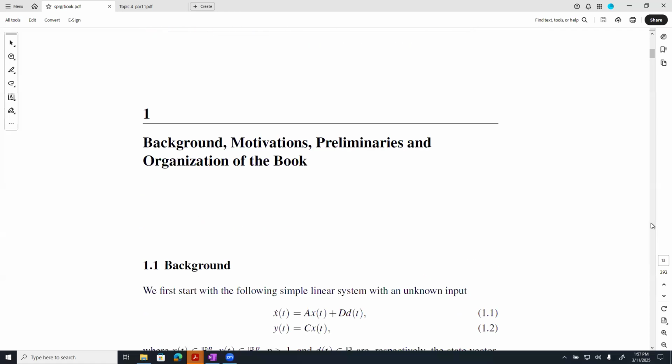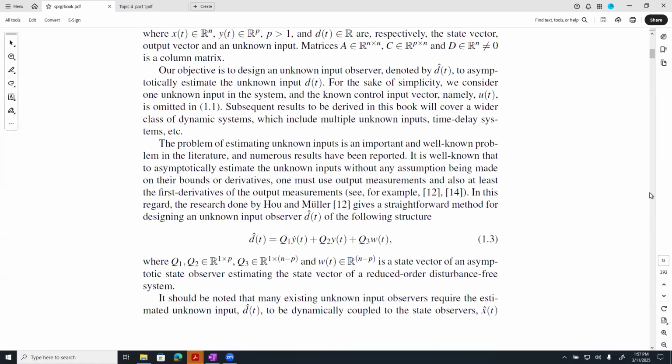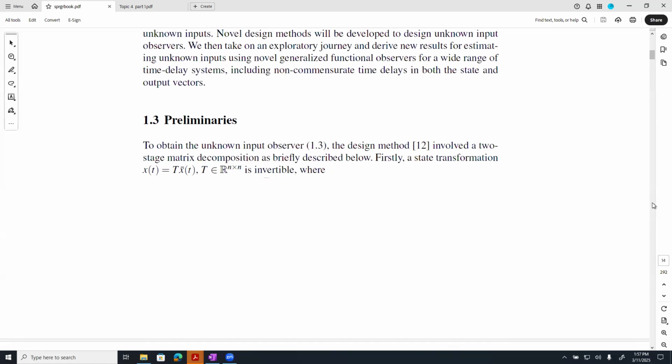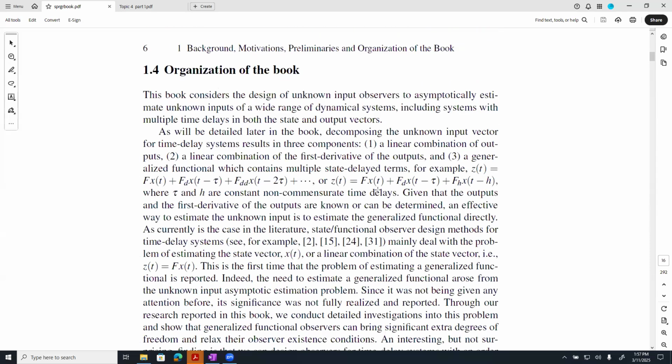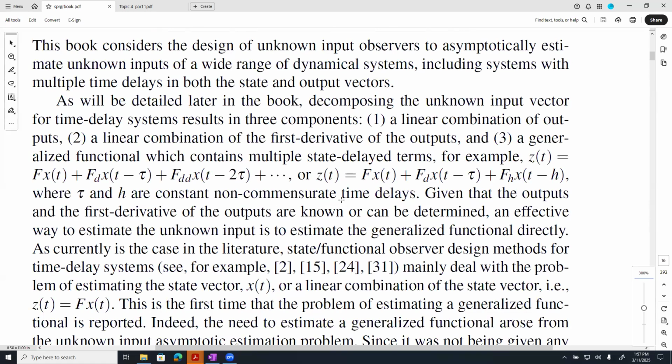But this is the first time that we came across the problem of estimating the generalized functional directly.